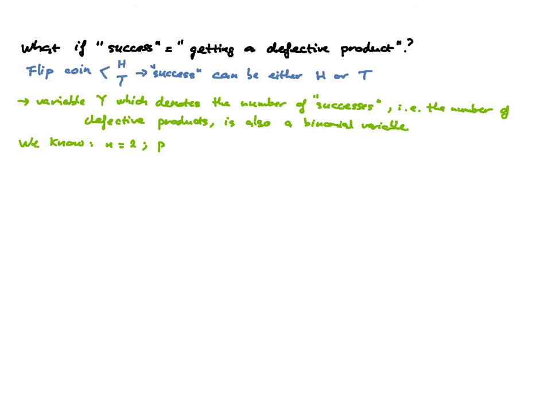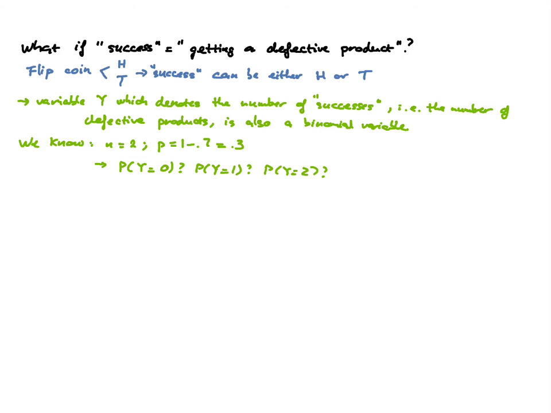So the probability of success here is going to be 1 minus 0.7, which is going to be 0.3. And so we're interested in the probability that y is equal to 0, the probability that y is equal to 1, and then the probability that y is equal to 2. Okay.